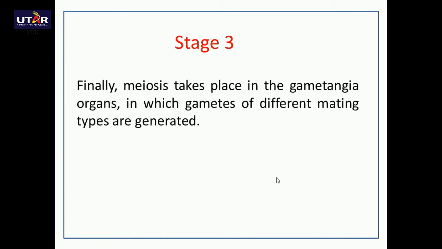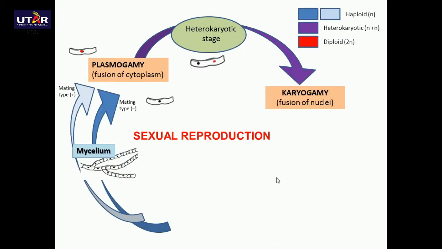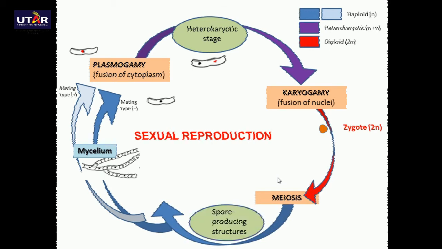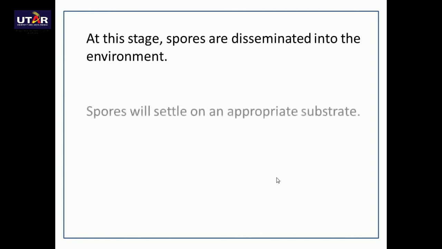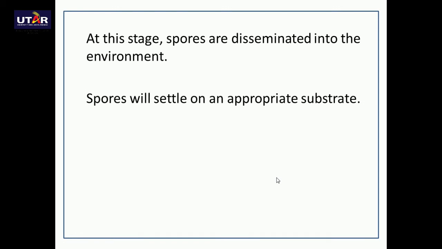Stage 3. Finally, meiosis takes place in the gametangia organs, in which gametes of different mating types are generated. At this stage, spores are disseminated into the environment. Spores will settle on an appropriate substrate.